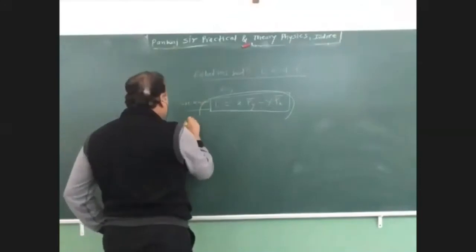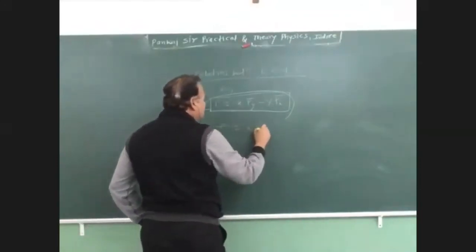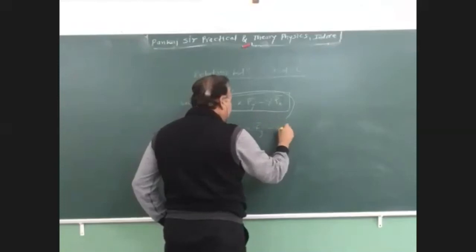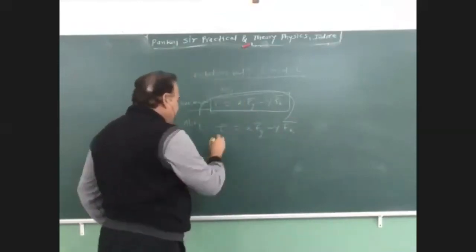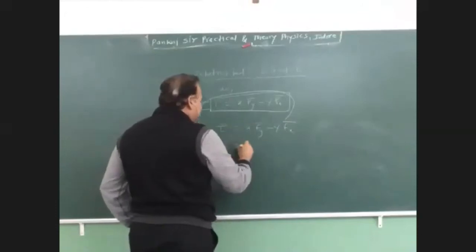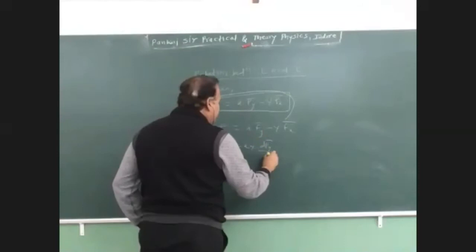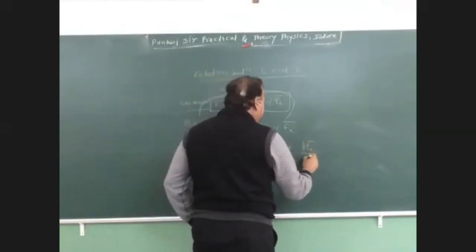Also tau is equal to x fy minus y fx. This is tau z. So force is dpy by dt and this force is dpx upon dt.